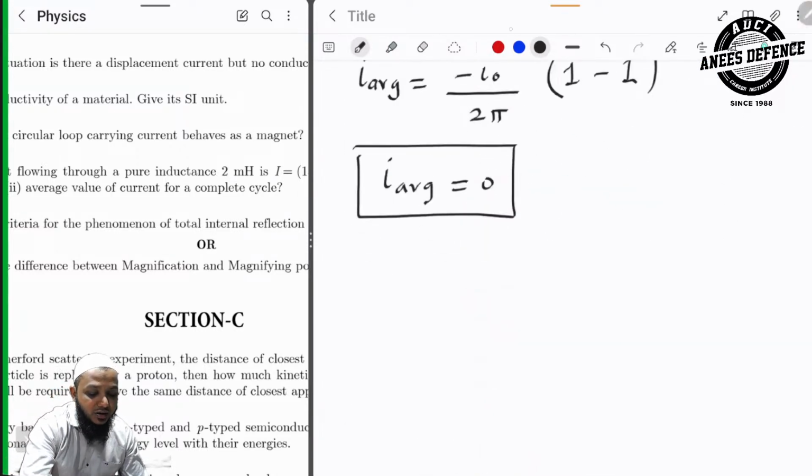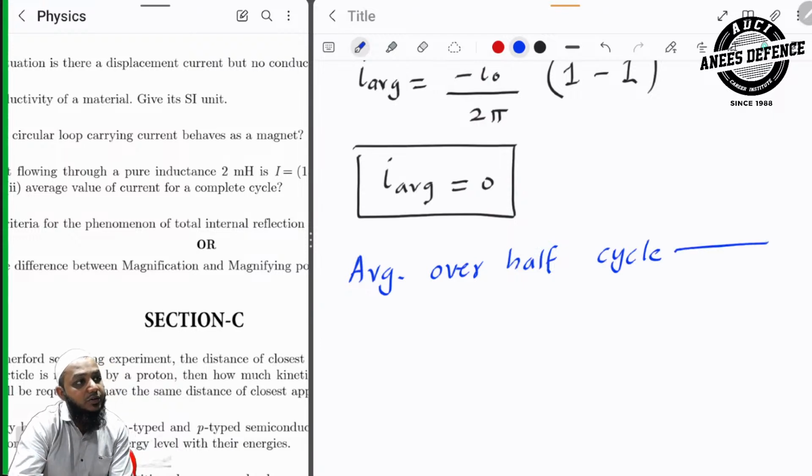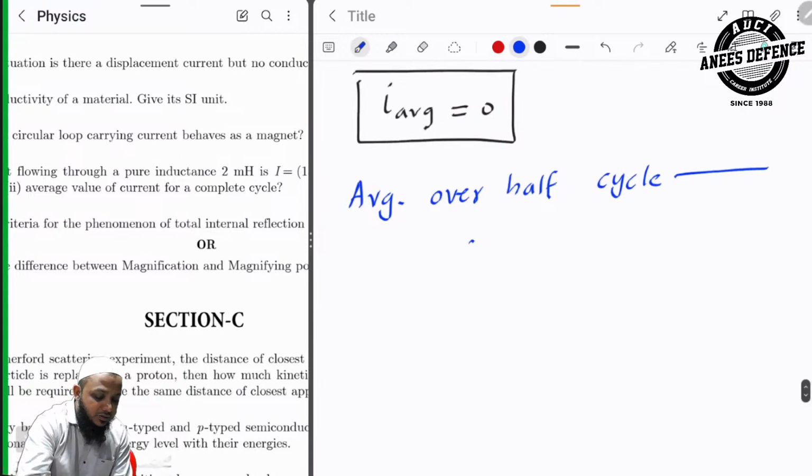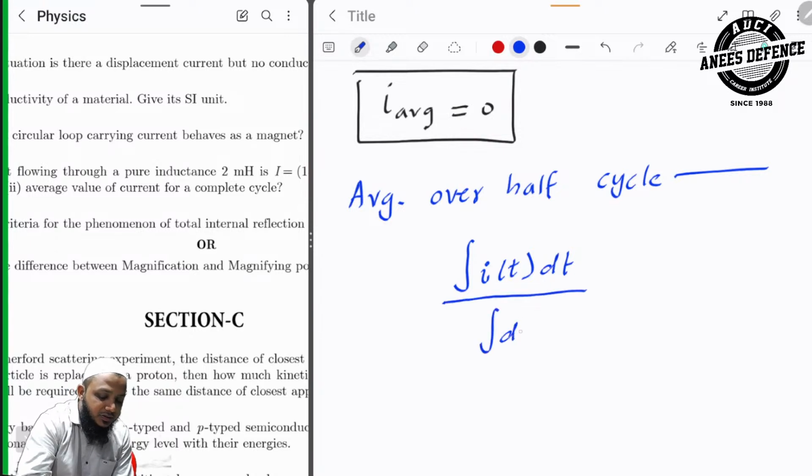Now let us take the average over half cycle. Now tell me, how to take the average over half cycle? Since we are taking average, we have to integrate the current. How to take average? Adding all the current divided by number of samples. How many samples are there? Total time, right?